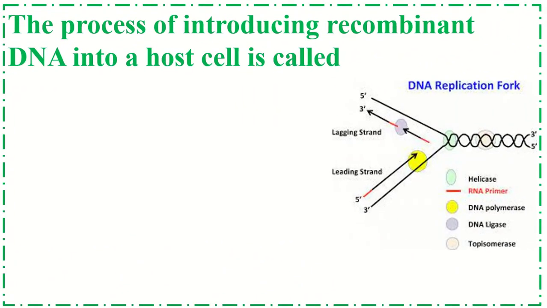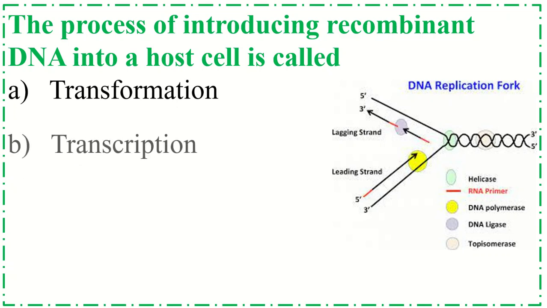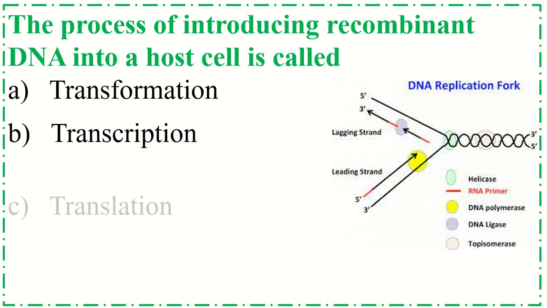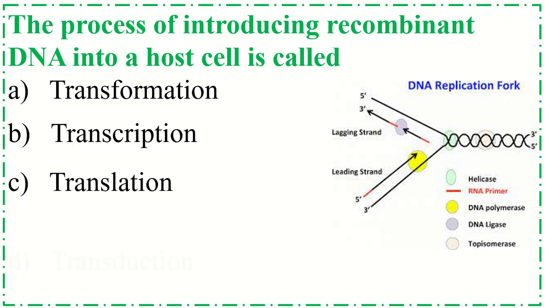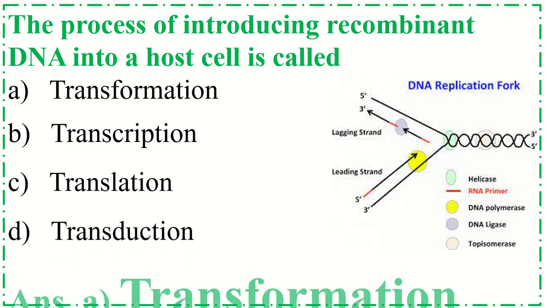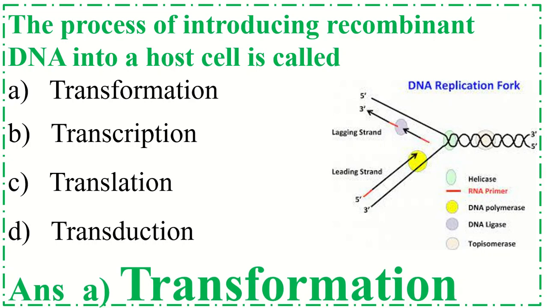The process of introducing recombinant DNA into a host cell is called A transformation, B transcription, C translation, D transduction. So the correct option is A, transformation.